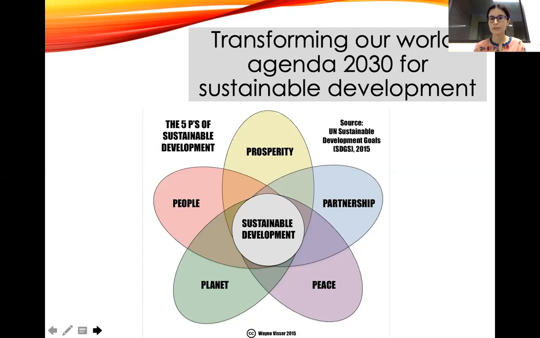Now, I don't know what it is for Pakistan, but let's say it's 100 rupees per day. If you're earning less, you're poor. So that would be one indicator. And that one indicator would be used to see whether we have achieved that indicator for the Sustainable Development Goal number 1. But what this agenda really wanted was to transform our world for sustainable development of this planet.